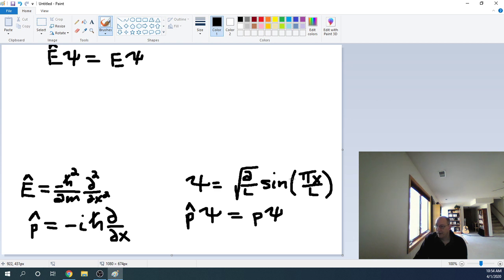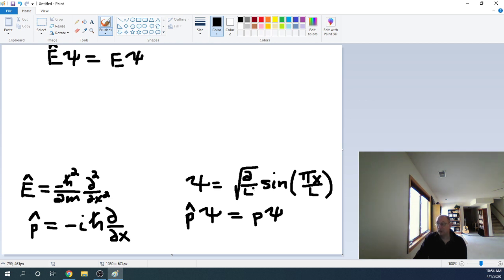If I take the derivative of this once, I get a factor of pi over L, and the sine turns into a negative cosine. Then if I take the derivative again, I get another factor of pi over L, and I get negative sine.